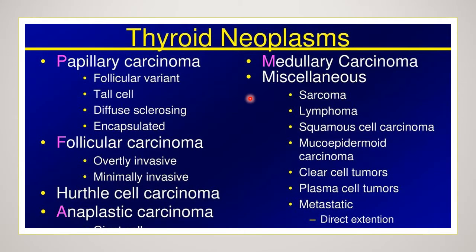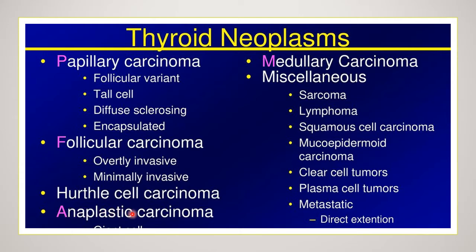This table is an elaborate classification of malignant thyroid neoplasms. Basically, there are 4 types of carcinomas in the thyroid. First, the most common is papillary carcinoma, followed by follicular carcinoma, and the Hürthle cell carcinoma is an aggressive variant of the follicular carcinoma.